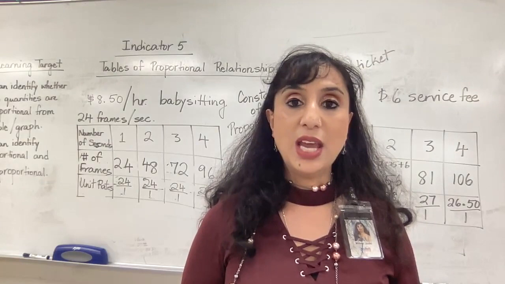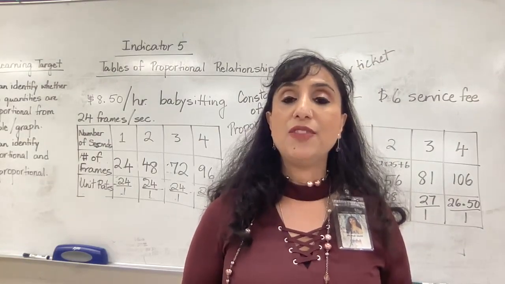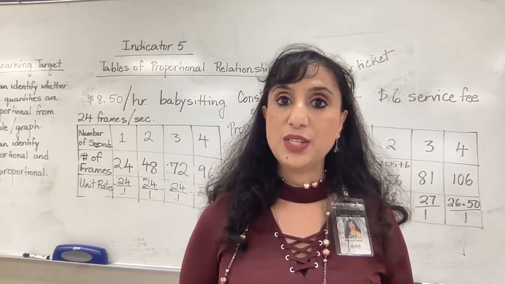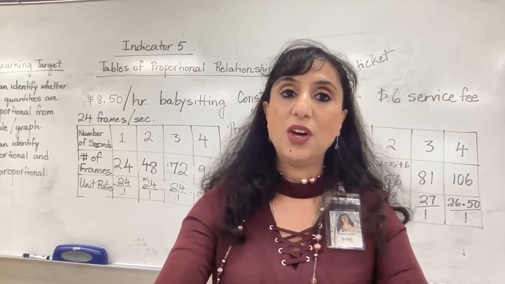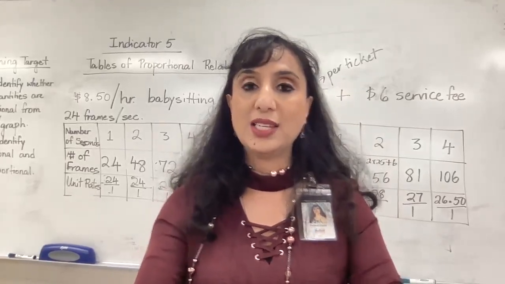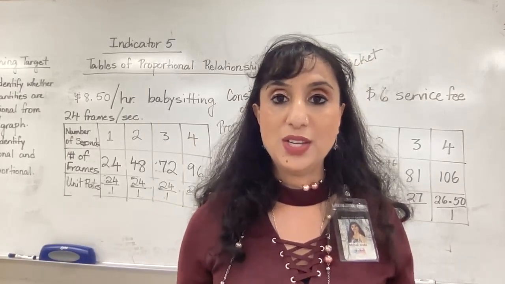If they have the same simplest form, they are proportional. If they do not have the same simplest form, it is non-proportional. And then, of course, the constant of proportionality is the number which is exactly the same in the simplest form, that is repeating.